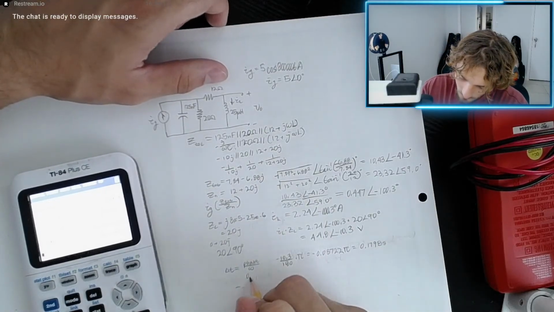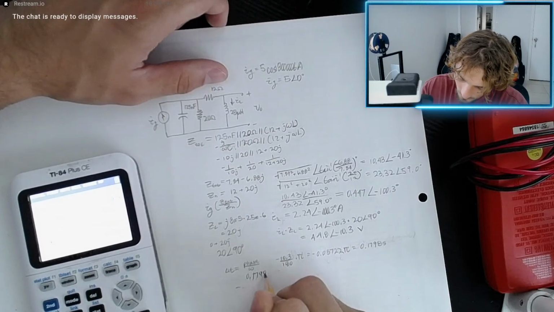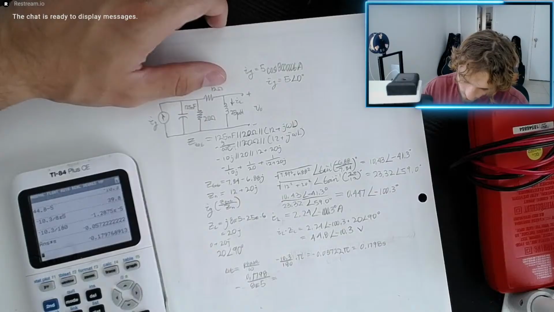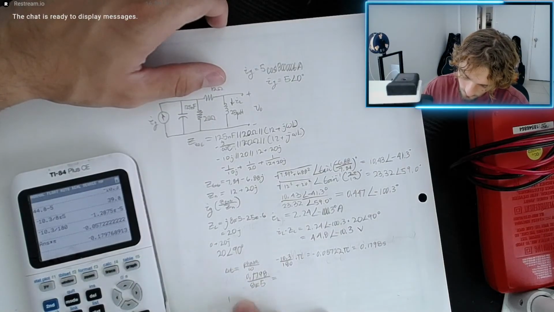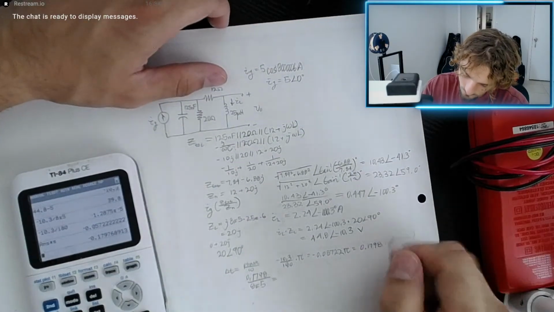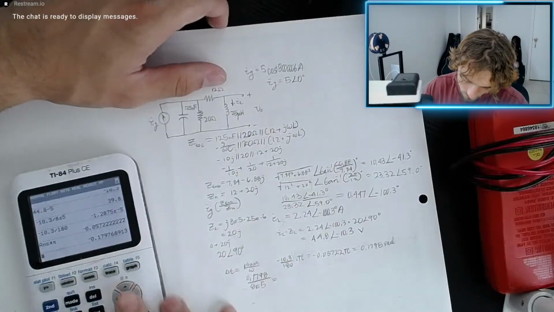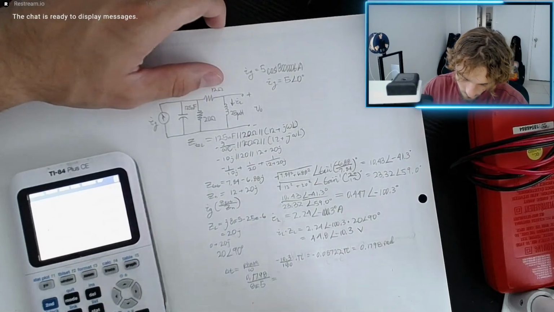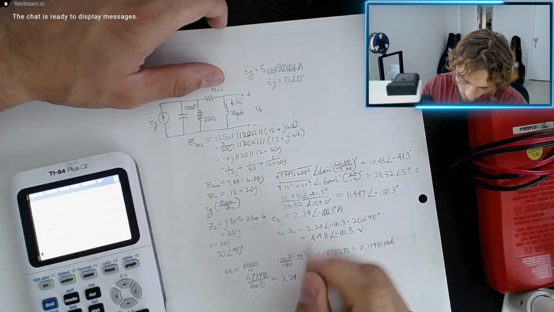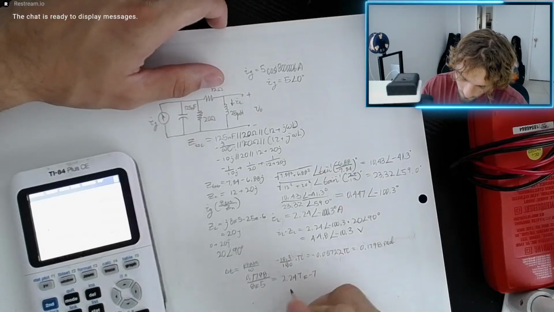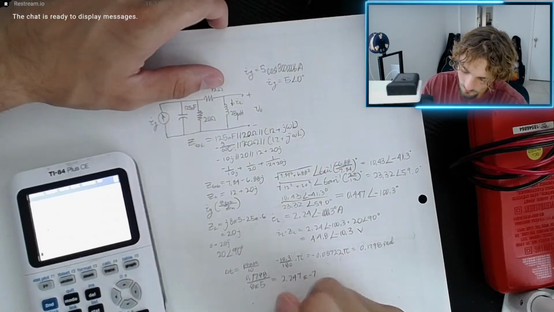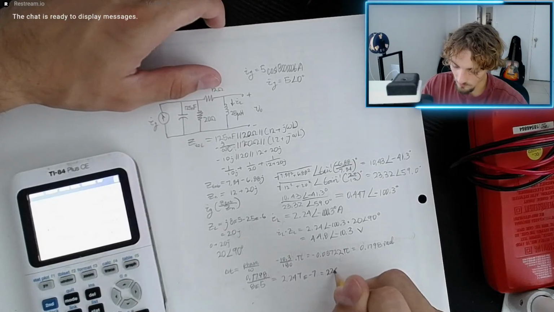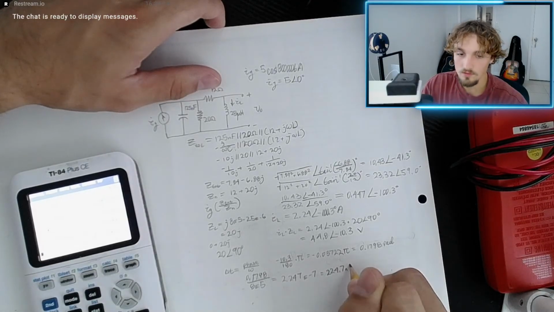So we take 0.1798 radians divided by 8E5 equals 2.247e to the negative 7, equals 224.7 nanoseconds.